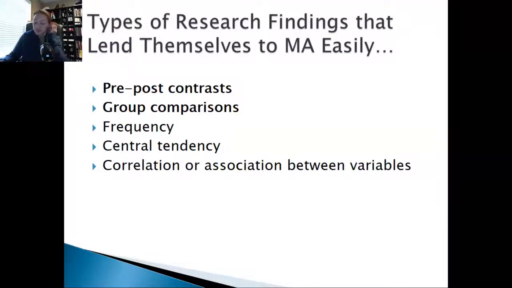For frequency, again, this does not come up as much, but where it does come up is in forensic populations, and this is commonly looked at when researchers want to know recidivism. So they want to know recidivating rates over time.